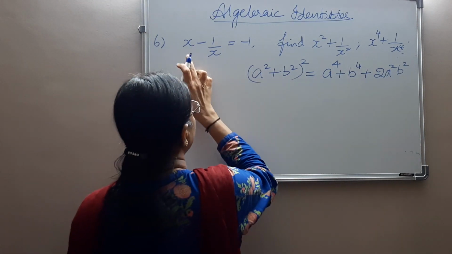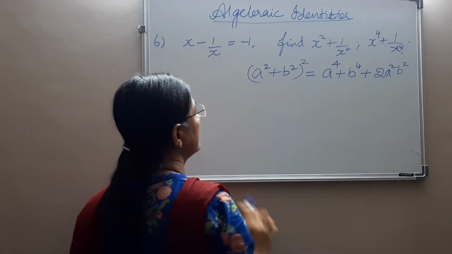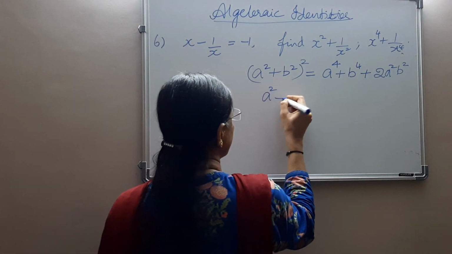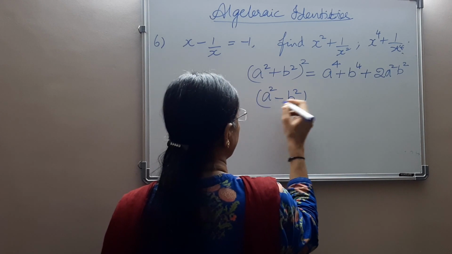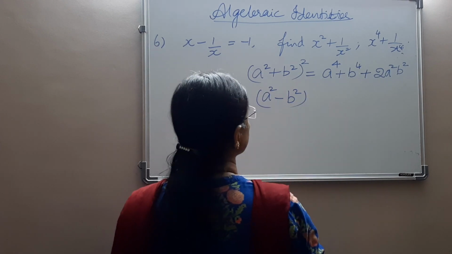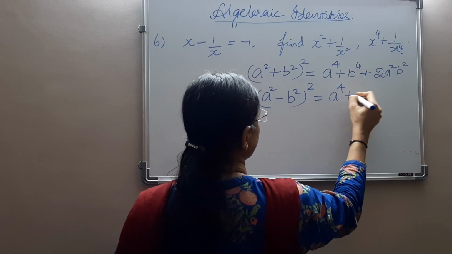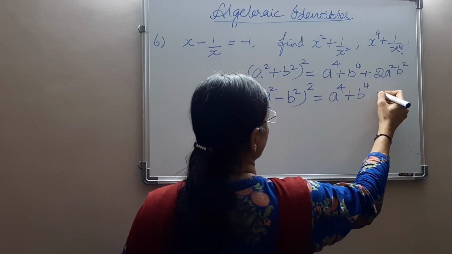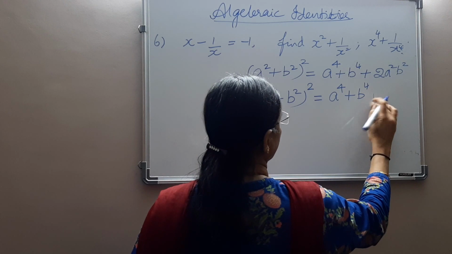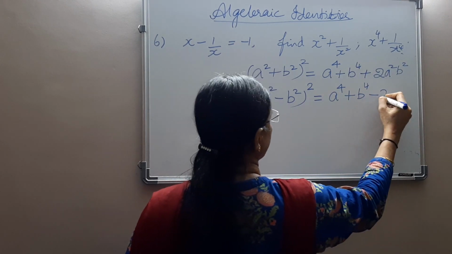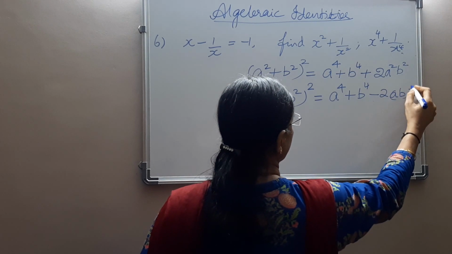But now here we have x minus 1 by x, isn't it? So I write a squared minus b squared the whole squared. This can also be a power 4 plus b power 4 minus 2ab the whole square.